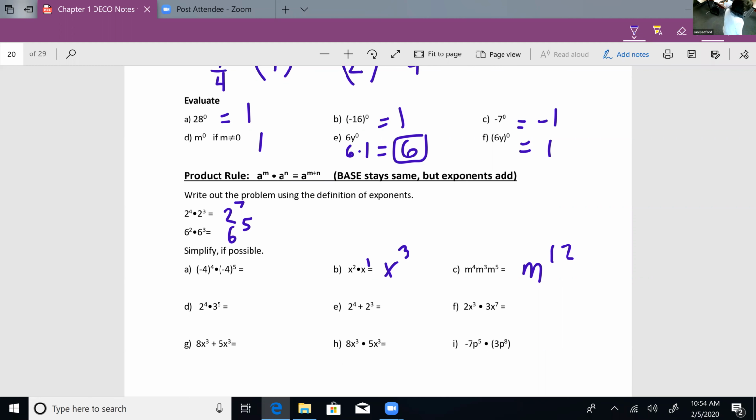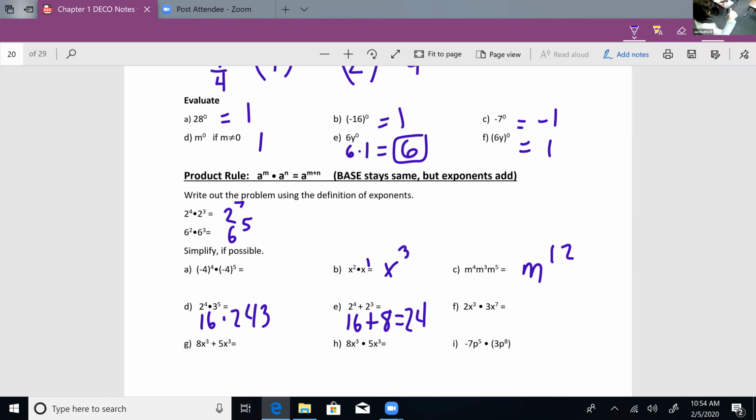The only thing I could do on these is I could actually simplify to be, this would be 16 times, and 3 to the 5th is going to be, I think, 243, and I could multiply that out. That's kind of an ugly number. This one would be, the 2 to the 4th is 16 plus 2 to the 3rd is 8. But there's no way I can rewrite it as a base of 2 with an exponent.